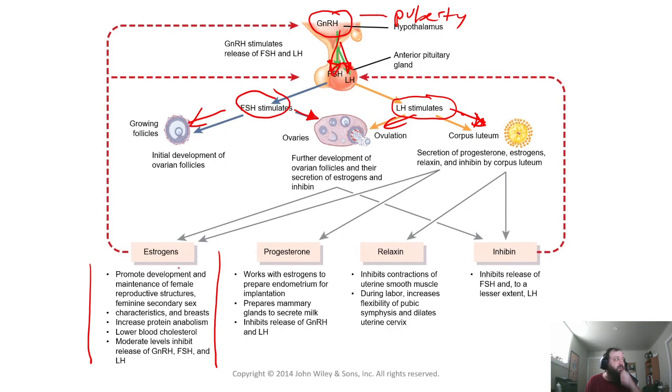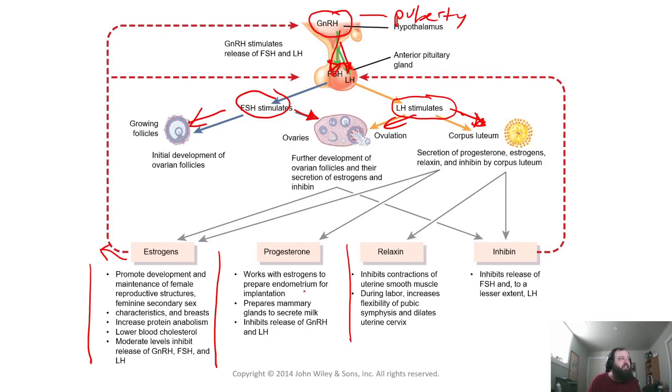So estrogens promote development and maintenance of female reproductive structures, feminine secondary sex characteristics in breasts, increase protein anabolism, lower blood cholesterol, and moderate levels actually inhibit GnRH, FSH, and LH. I would add that high levels actually activate GnRH, FSH, and LH.